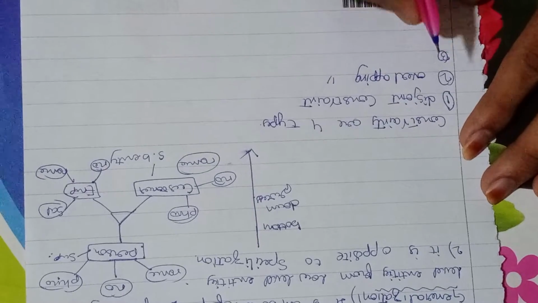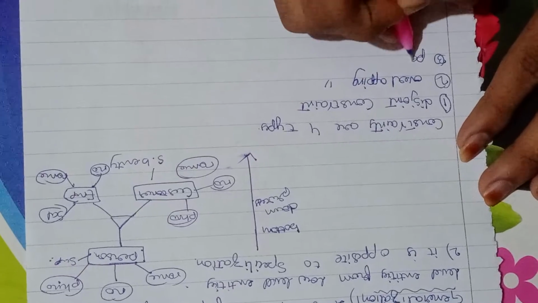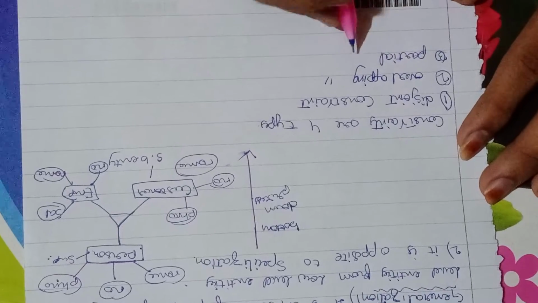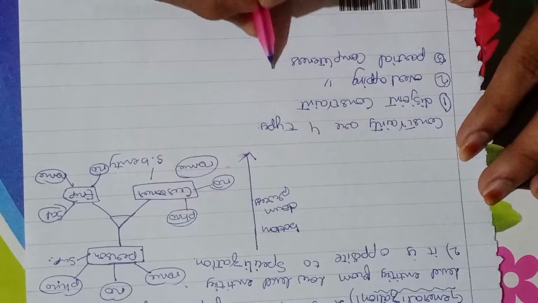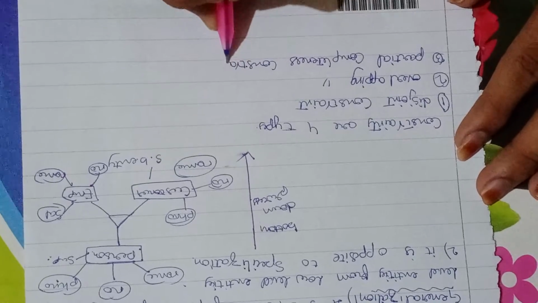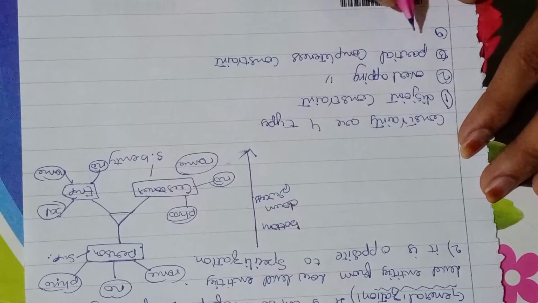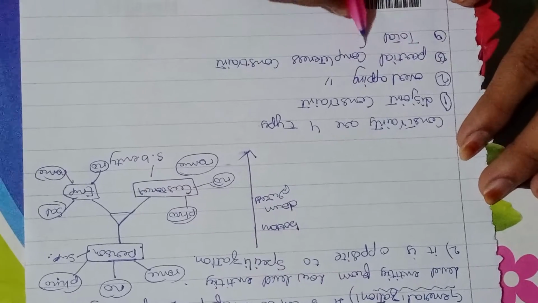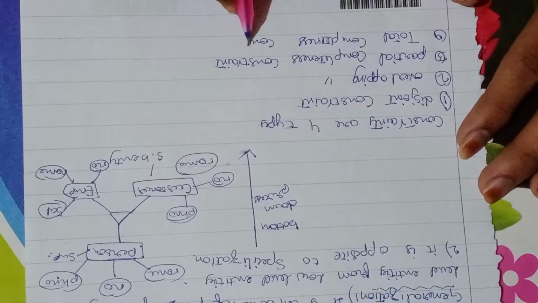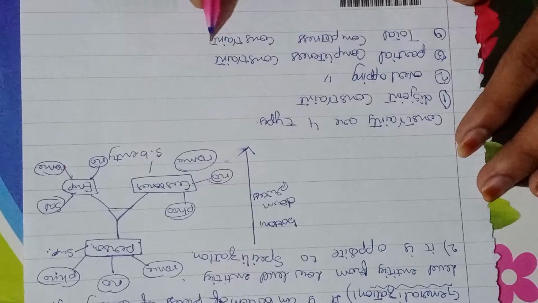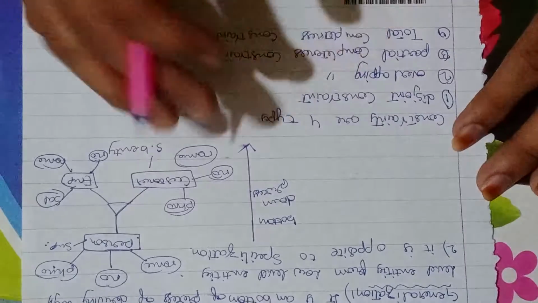Third, partial completeness constraint. Fourth, total completeness constraint. These are the four types of constraints. Now we can discuss them one by one.